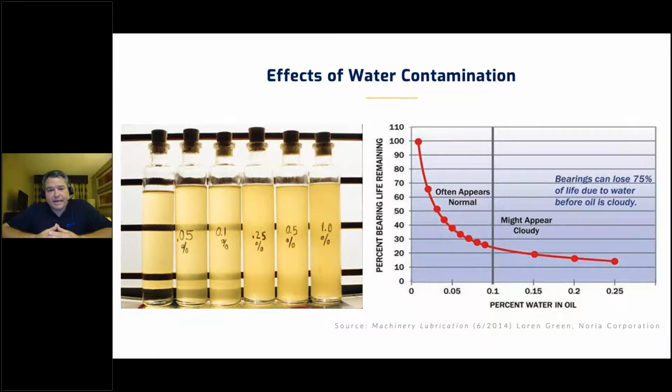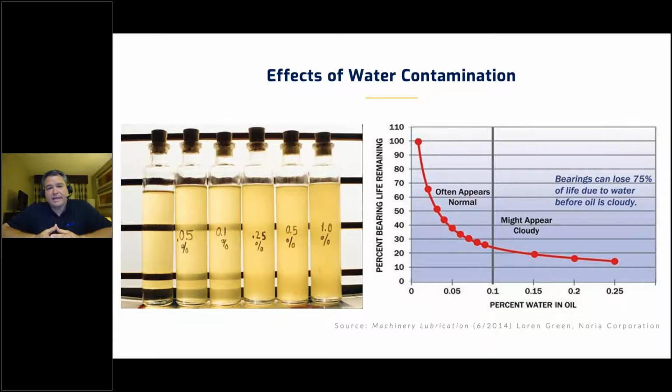What's important is that 0.1%, at 100 ppm, is the point that they're saying 75% of the bearing life can be lost. And as you move along to 0.25% all the way to 1,000 ppm, that 1.0%, that's the point when you start seeing water begin to separate in some oils, and even up as much as 2,000.